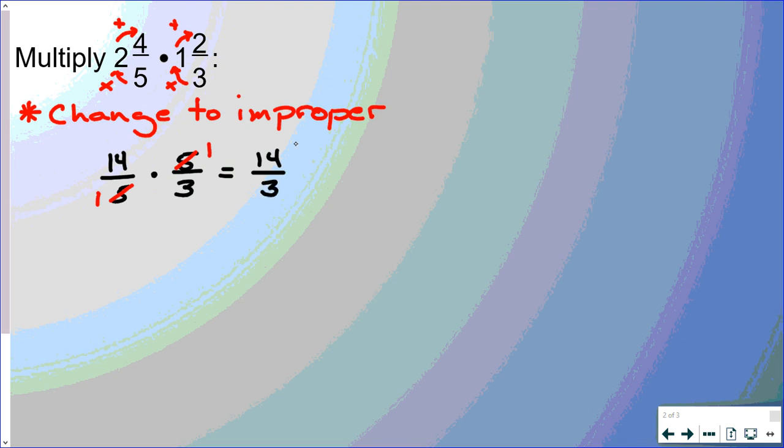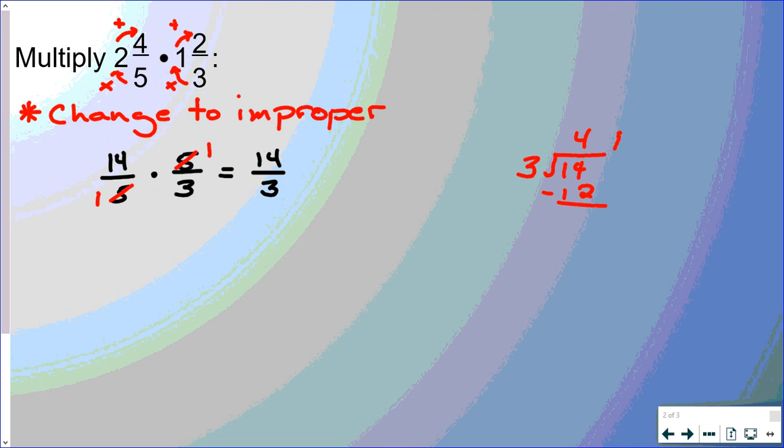And this is an improper fraction. And so you should never leave a fraction as improper. Well, I take that back. In algebra, we actually do normally leave these as improper. But just to go over how to change this back into a mixed number, you see how many times 3, the denominator, goes into the numerator. So 3 goes into 14 4 times. 3 times 4 is 12.